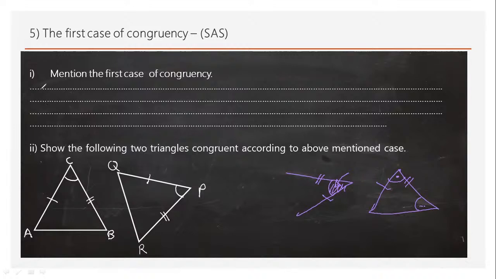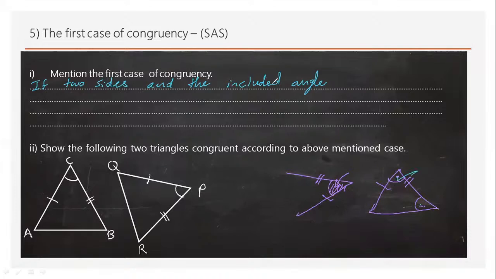Let's mention this. If two sides and the included angle, then you know what the included angle is now, right? Then I explain it. This is not included. This is the included angle.